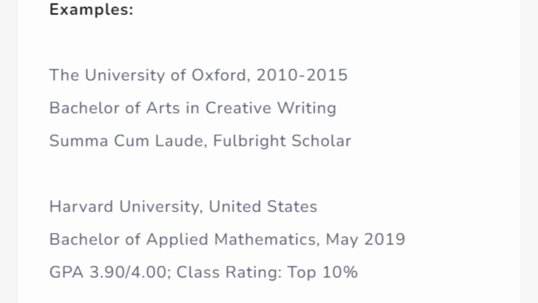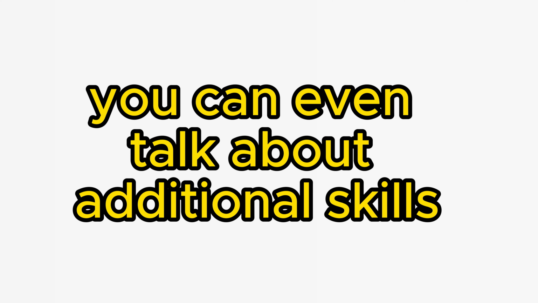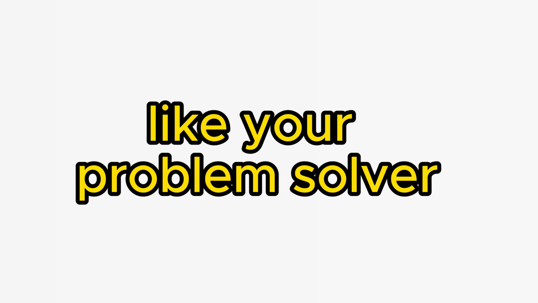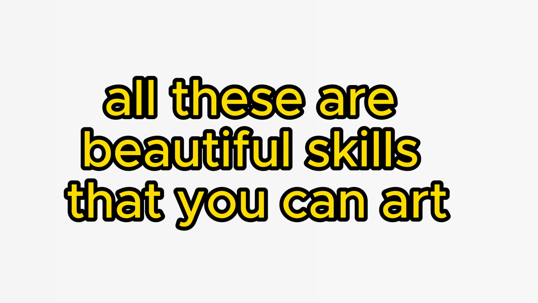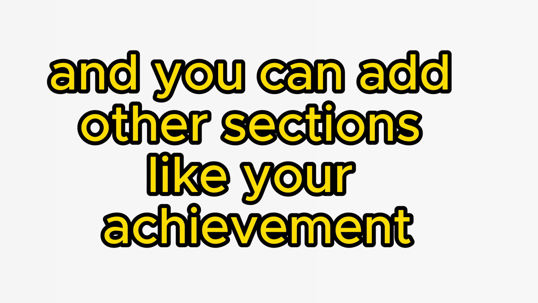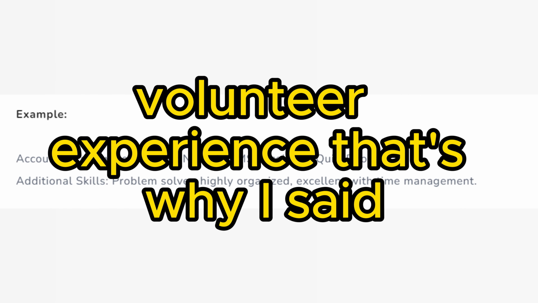Next, highlight your skills. Guys, please always highlight your skills. Example, accounting software includes NetSuite, MS Excel, QuickBooks. You can even talk about additional skills like you're a problem solver, you're highly organized, you're excellent with time management. All these are beautiful skills that you can add. And you can add other sections like your achievement awards, interests, certifications, volunteer experience.